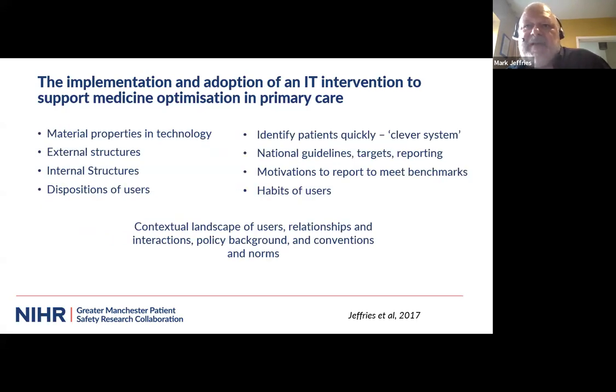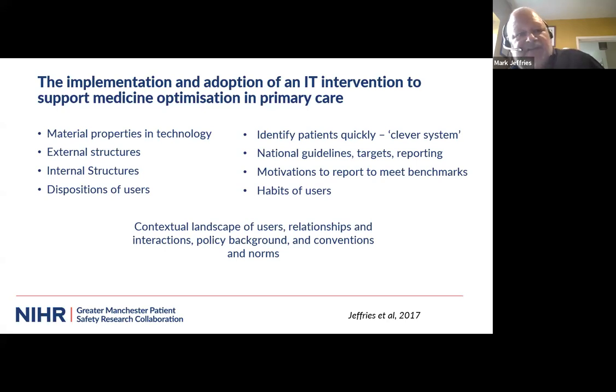And this is sort of what we found. The material properties of the technology, those externals, like I talked about with social materiality: the properties were that they could identify patients really quickly. People described it as being a clever system.